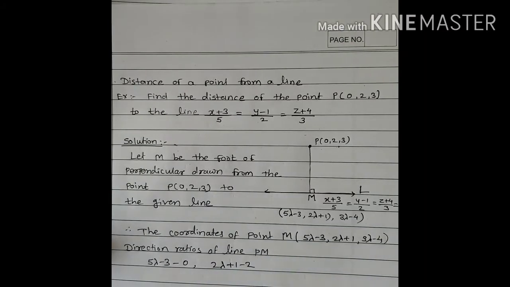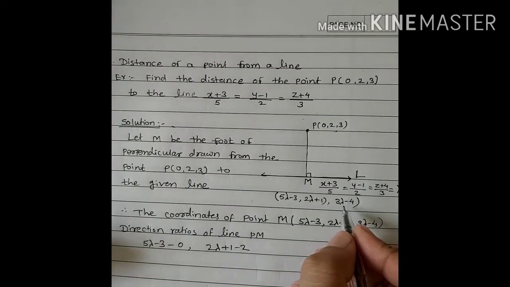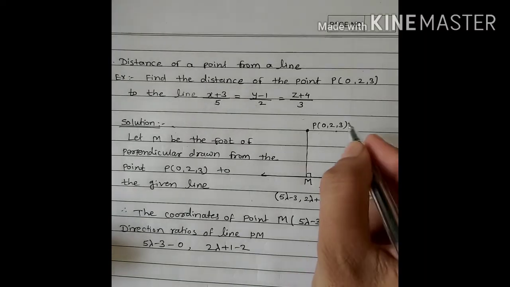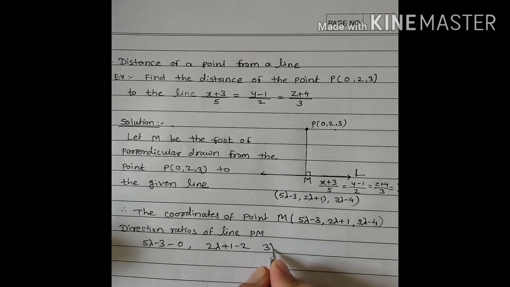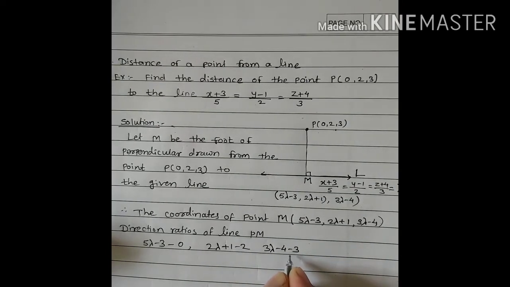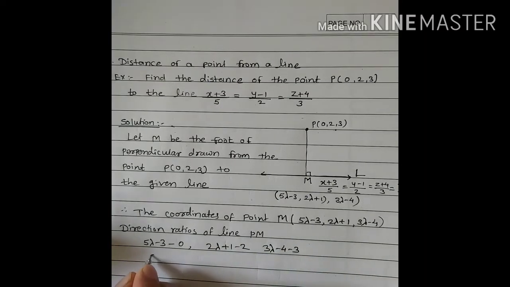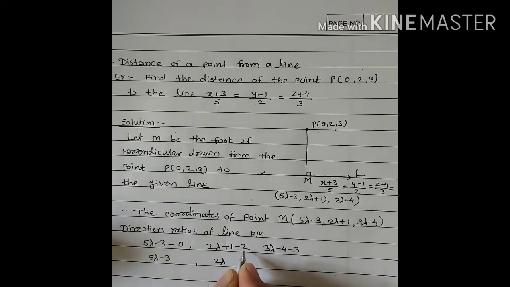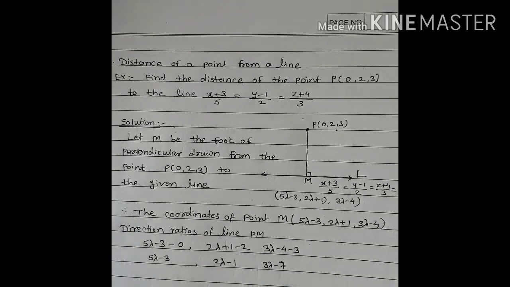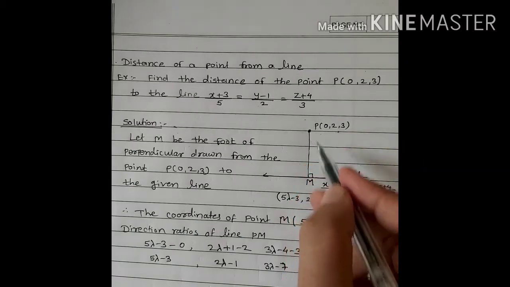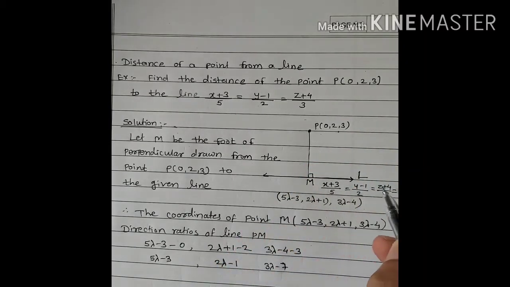Next, change in z coordinate value 3 times lambda minus 4 minus of 3. Hence direction ratios of line PM are obtained 5 times lambda minus 3. Next 2 times lambda plus 1 minus 2, it become minus 1. Next value minus 4 minus 3, that is minus 7. 3 times lambda minus of 7. These are the direction ratios of line PM, and line L having direction ratios 5, 2, 3.